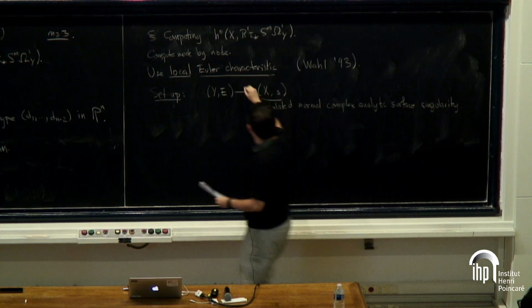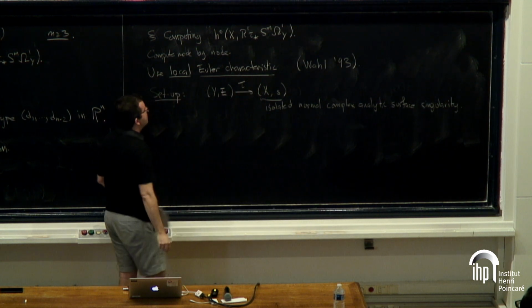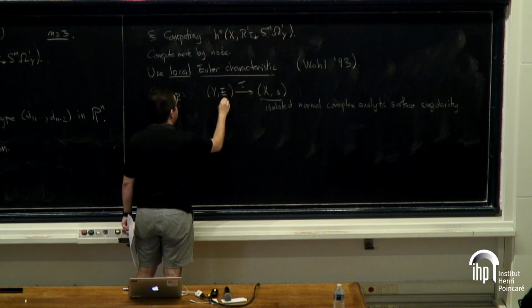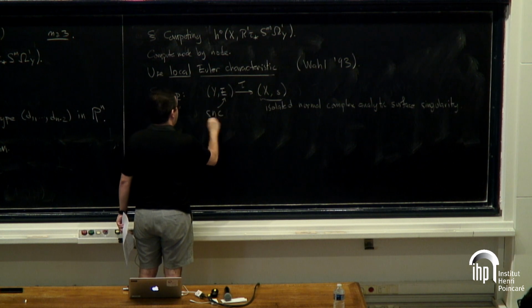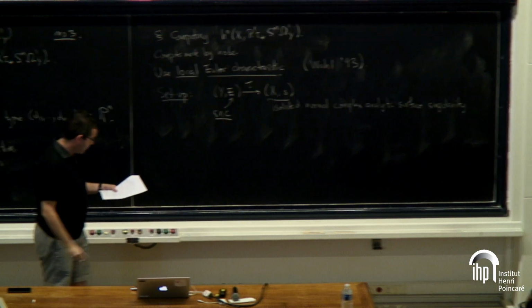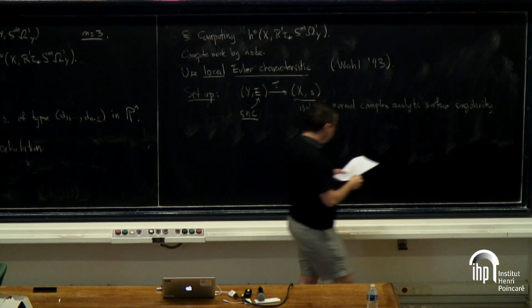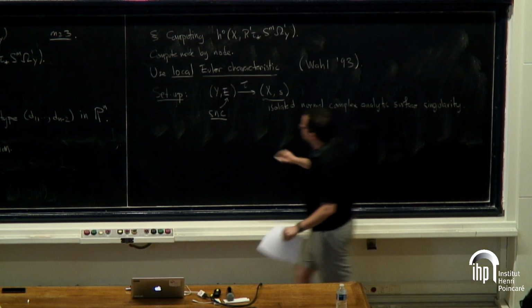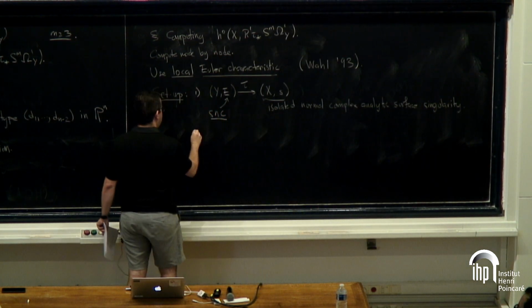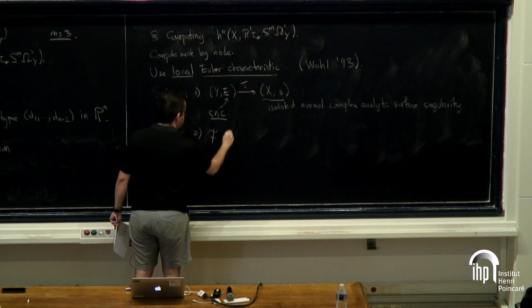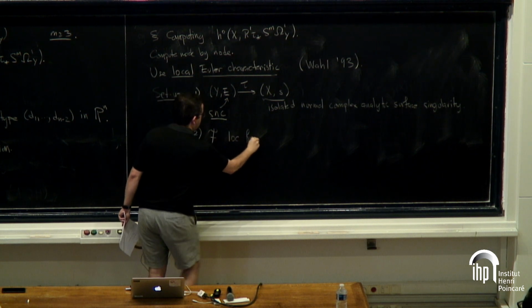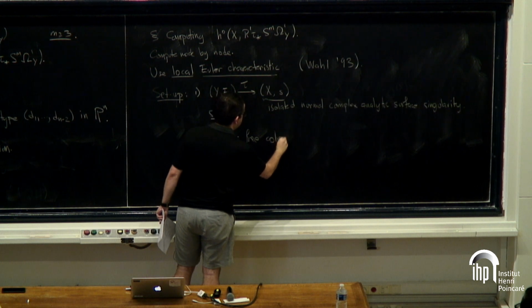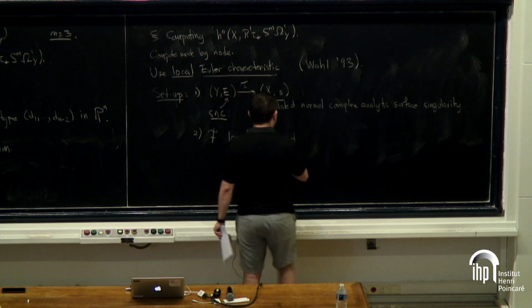And this should be what's called a good resolution, but that basically just means that E should be a simple normal crossings divisor. And I'm going to fix F, and this is going to be a locally free coherent sheaf on Y.